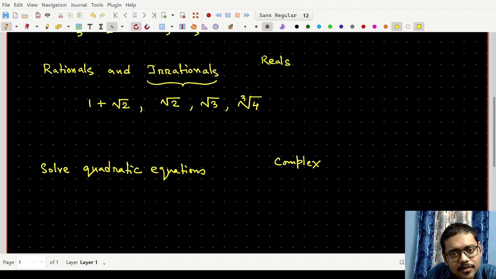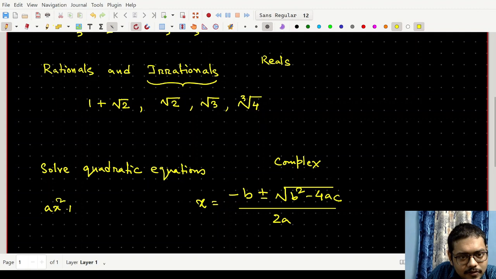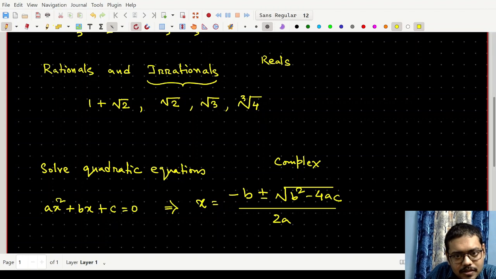But here we mention the quadratics because in the quadratic formula we have seen it is x equals minus b plus or minus square root of b square minus 4ac divided by 2a, and this is the solution of this equation ax square plus b times x plus c equals 0. The solution is this.